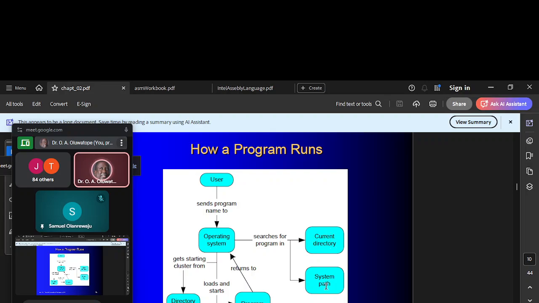Once it is located, the program loads through the operating system into the memory, and then it begins to run. When it gets to the end, it terminates and returns control to the operating system.